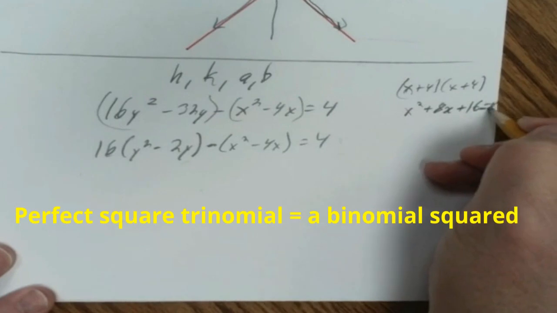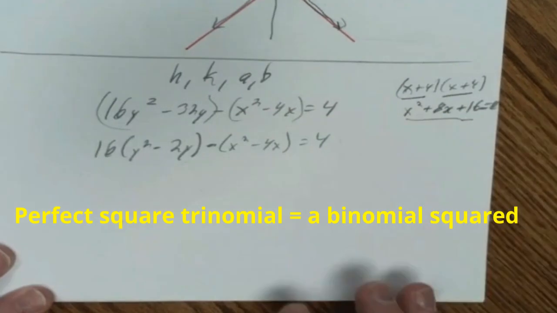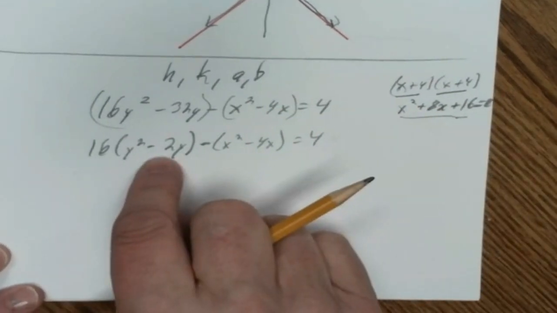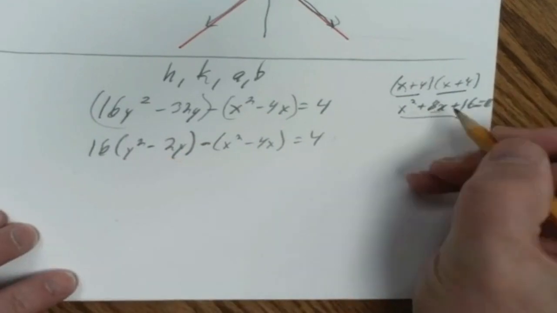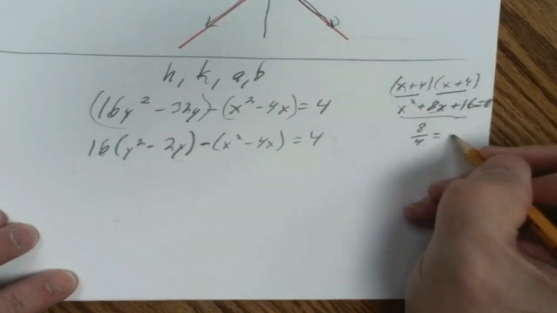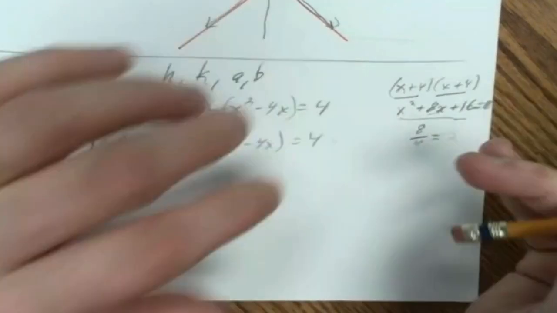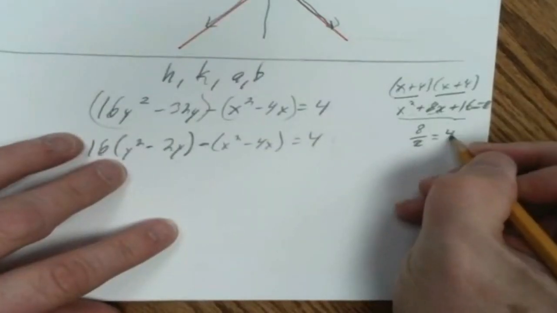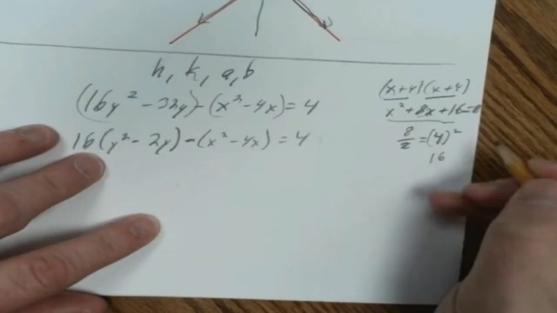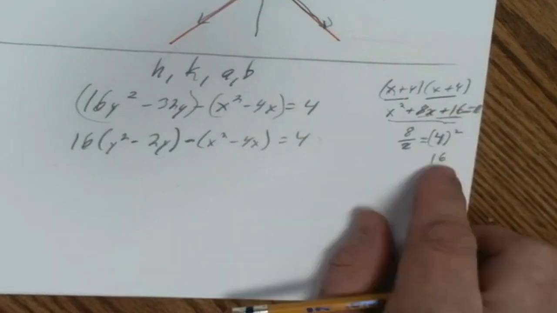That's a perfect square trinomial because it breaks up into two identical factors, and we're trying to create perfect square trinomials here. So if you remember, we took the middle term, the 8, and divided it by 2, which equals 4, and then we square that number and get the 16, which is what gets added on there and subtracted from the other side.